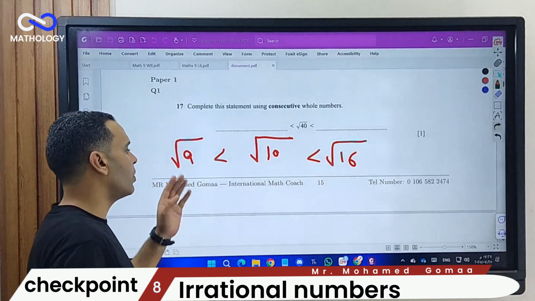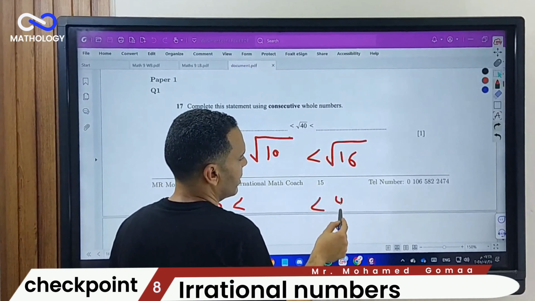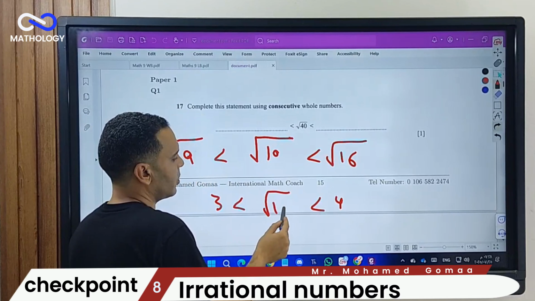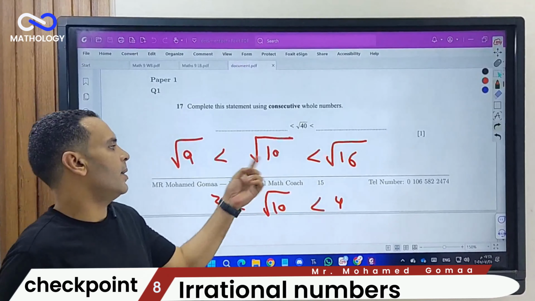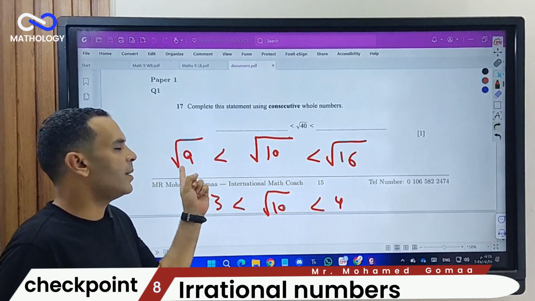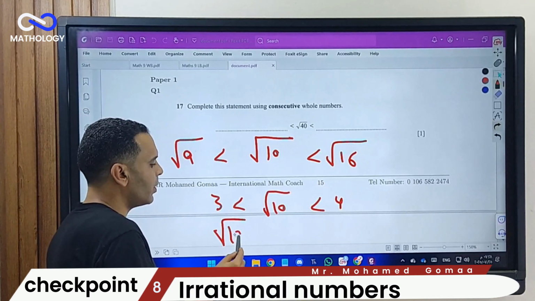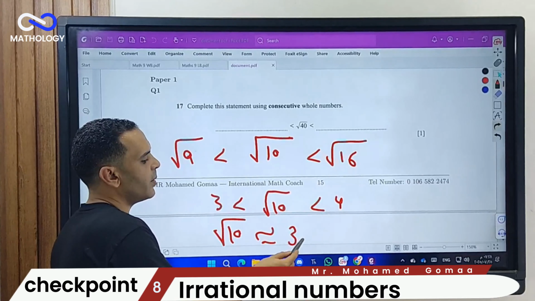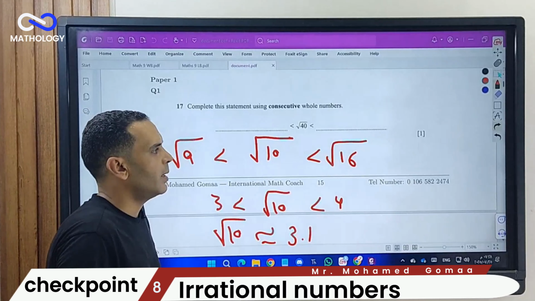Okay? Square root of 9 equals 3. The square root of 16 equals 4. So, square root of 10 is between 3 and 4. But 10 is nearest to what? To 9 or to 16? 10 is nearest to 9. So, I can write square root of 10 approximately equals 3.1 or 3.2. Okay?